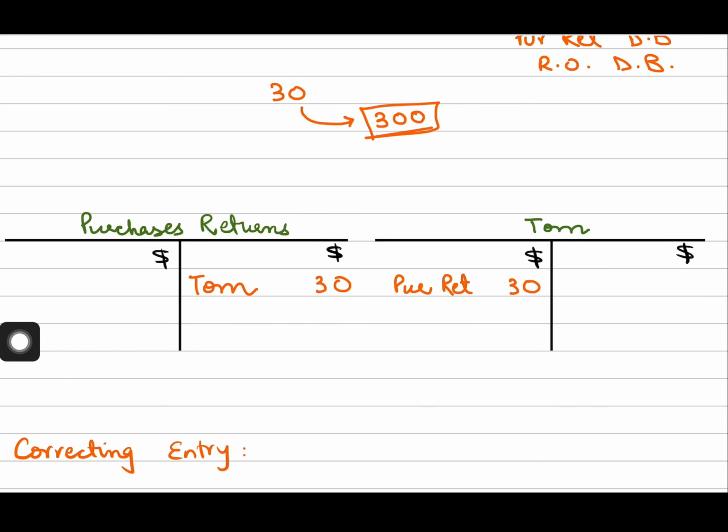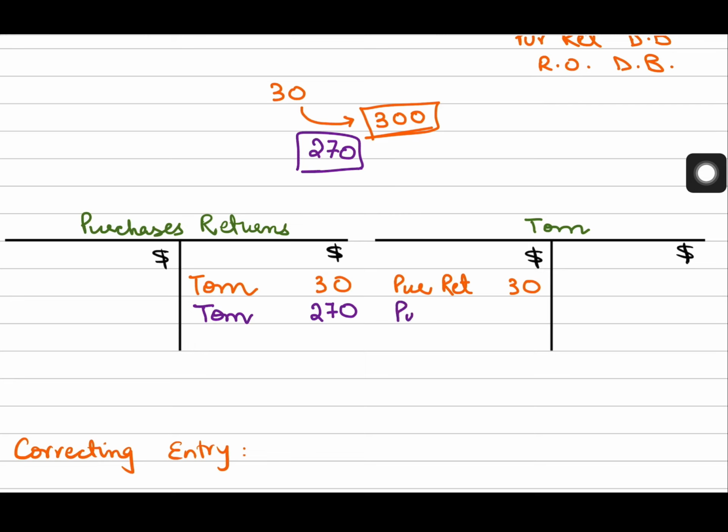I will again credit purchases returns with the name of Tom, but now with the difference between the wrong entry and the right entry, and that was $270. $300 less 30 would be $270. Then this correcting entry in purchases returns account will bring the amount to its original value. Right now, this credit side is $300, just like it should have been.